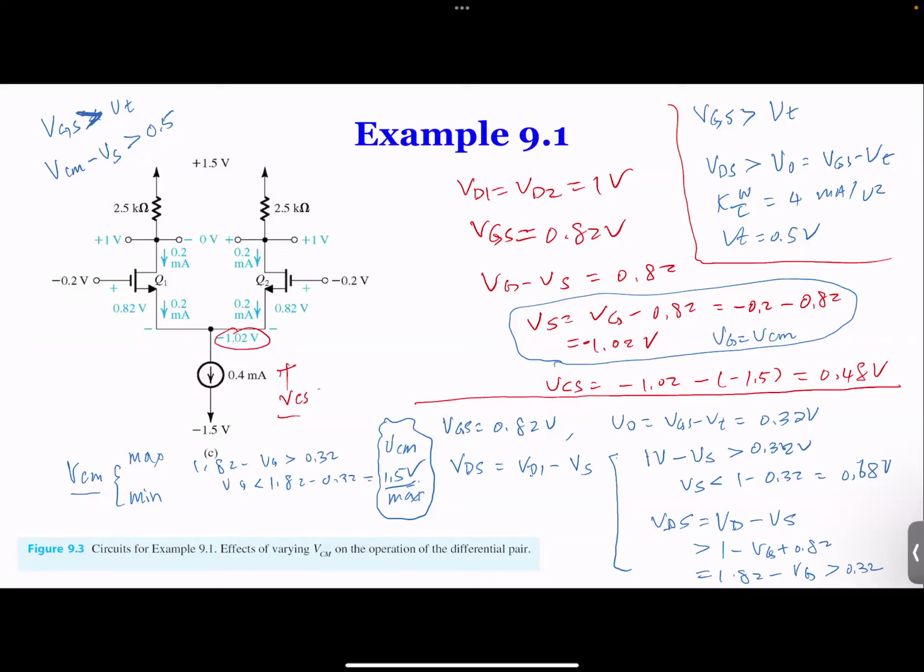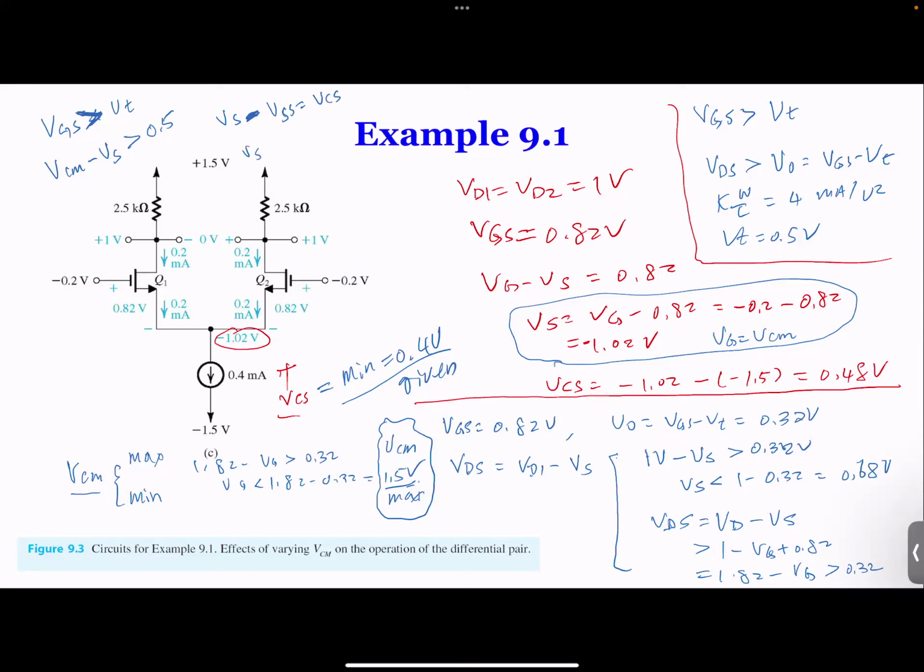So if VCS is given, we know that Vs equal to VSS, which is 1.5. So what we can do is Vs minus VSS equal to VCS, right?